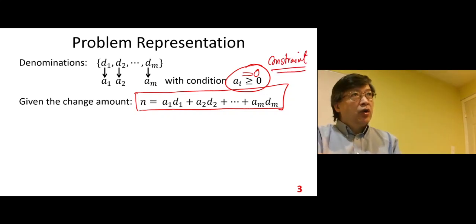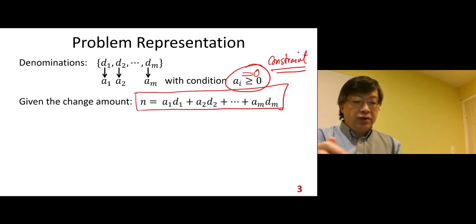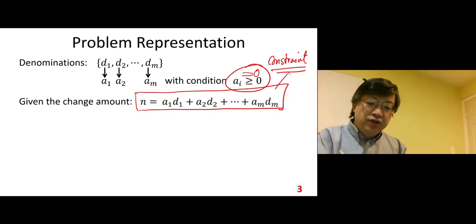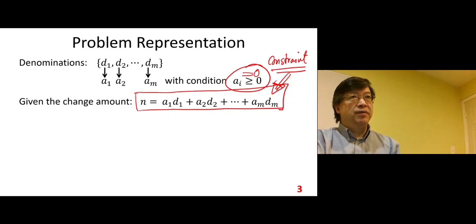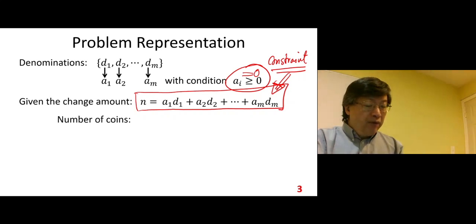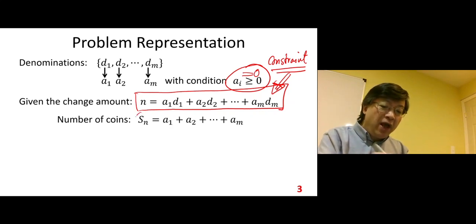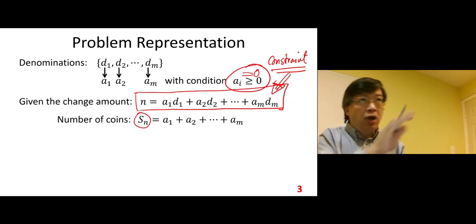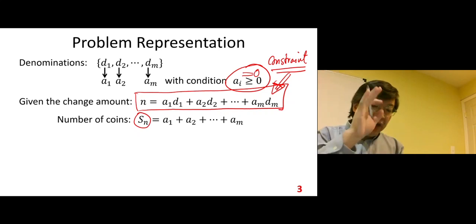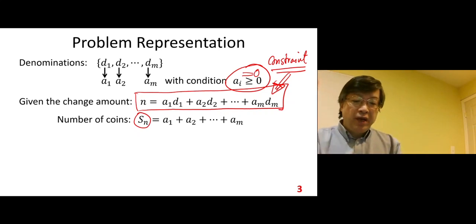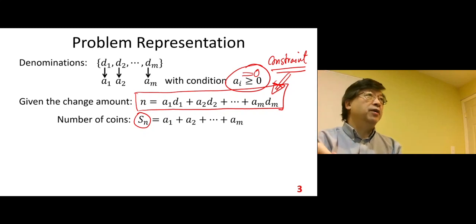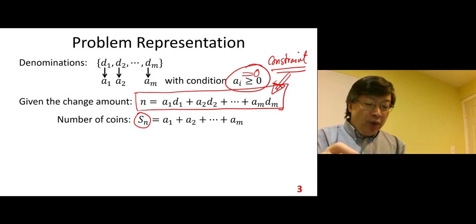So the coin combination you choose, you have to satisfy this equation first. Then our minimization function: the number of coins, we use S sub n equals the total number of coins you use, A1 plus A2 plus ... plus AN.